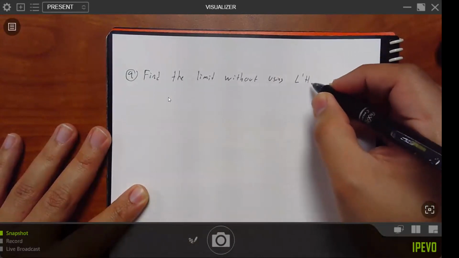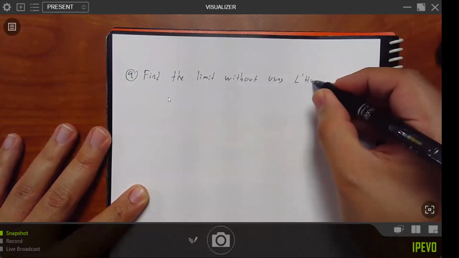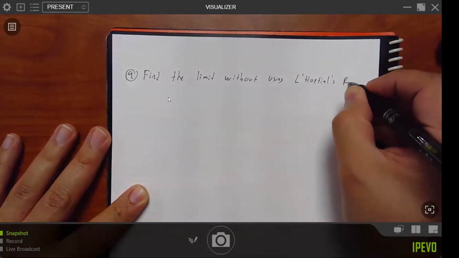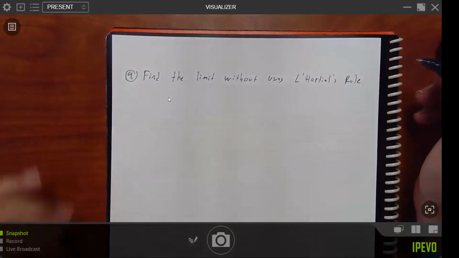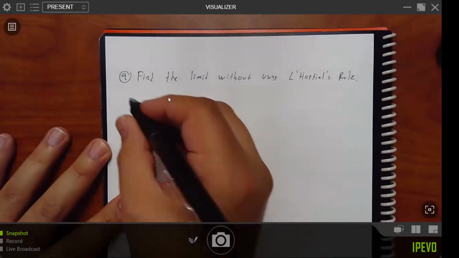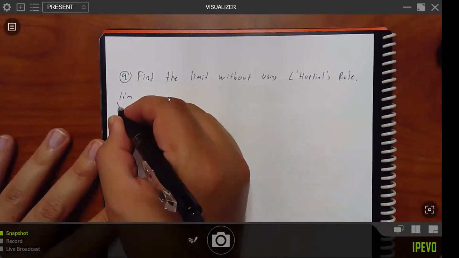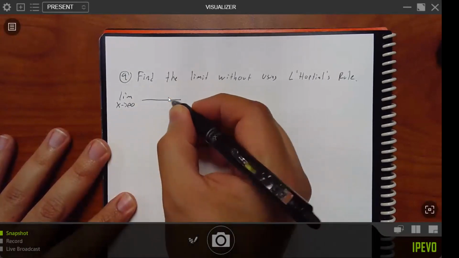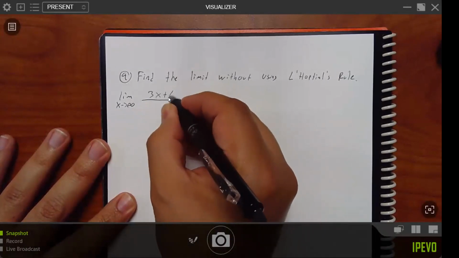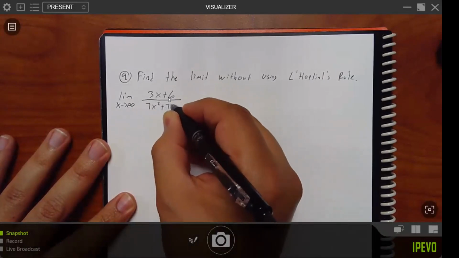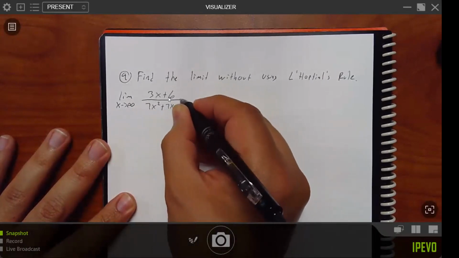All right, so final number without using L'Hopital. The limit as x approaches infinity of 3x plus 6 over 7x squared plus 7x minus 7.